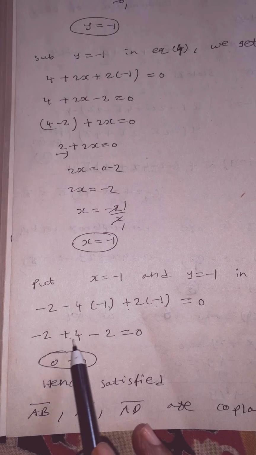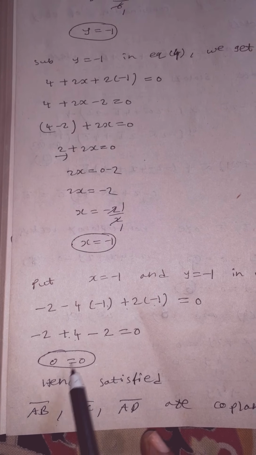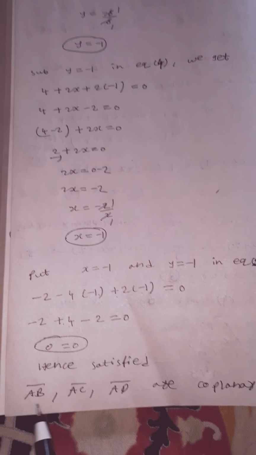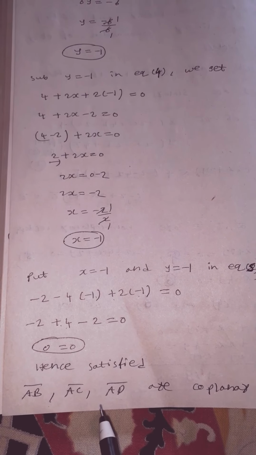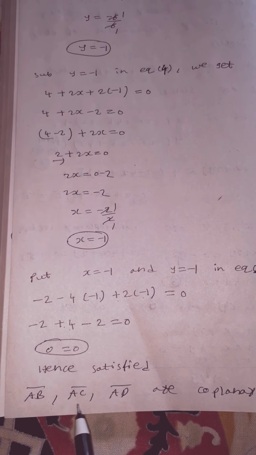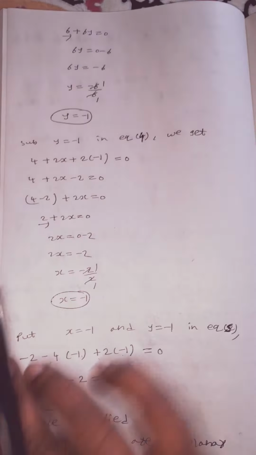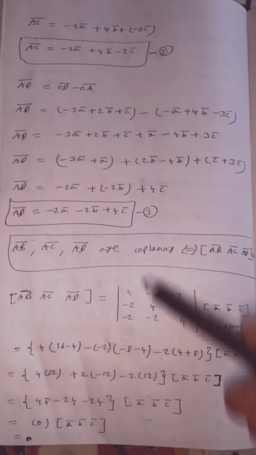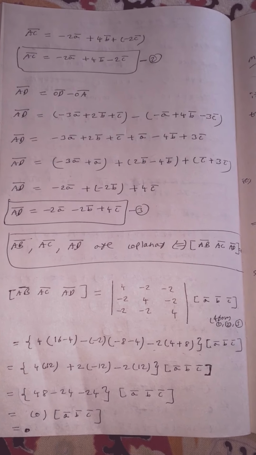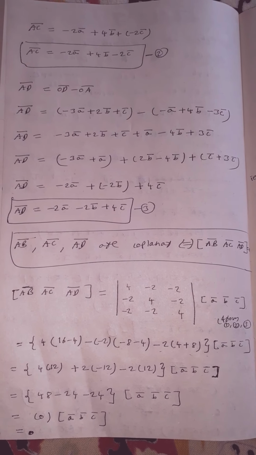If you simplify here, minus 2 plus 4 is 2. 2 minus 2 is 0, equal to 0. The condition is satisfied. Therefore AB bar, AC bar, AD bar are coplanar. So in this way also you can prove it, or simply find it this way. Is it clear, children? I have explained both the methods.